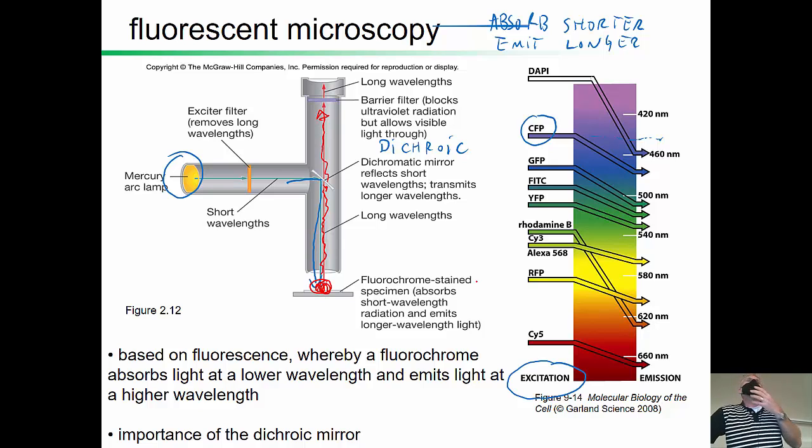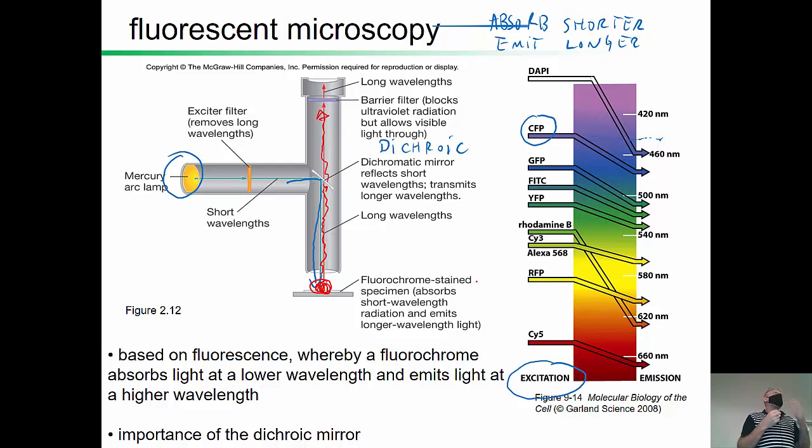Okay? So the key here, what you need to keep straight, is there's a shorter wavelength, the excitation wavelength, and that's bounced by the mirror because the mirror reflects it. It's absorbed by the fluorescent molecule, and a longer wavelength is emitted, and that's the emission wavelength, and that passes through the mirror to your eye.